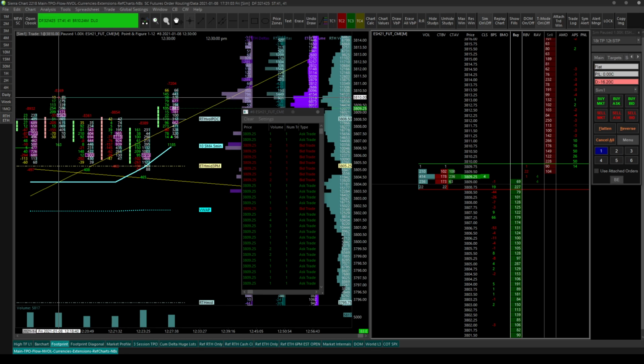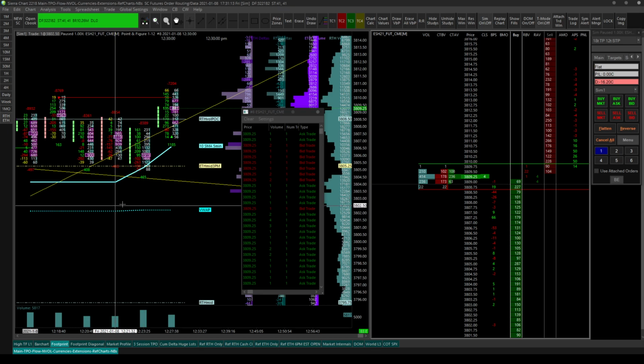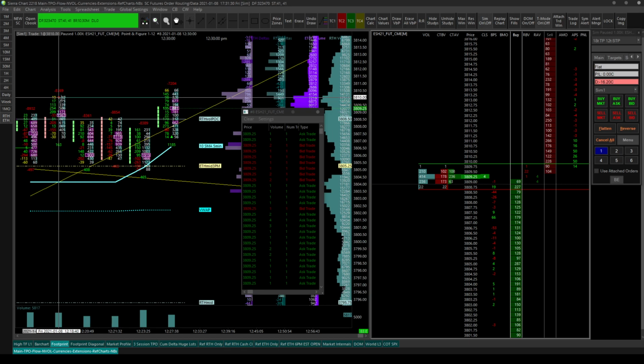And then finally at the end here, in my footprint, when the delta is 95% or more, either bid or ask volume of the total volume, maybe that sounds like a lot, but rewind it and listen to it again. It makes sense. Then it turns yellow.